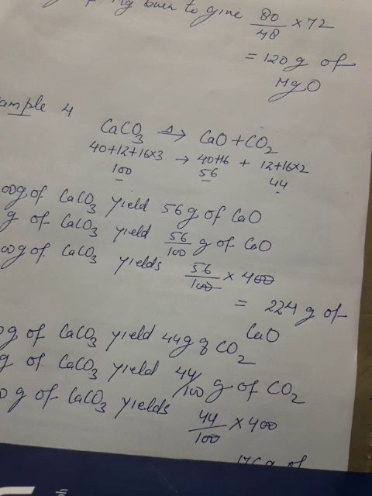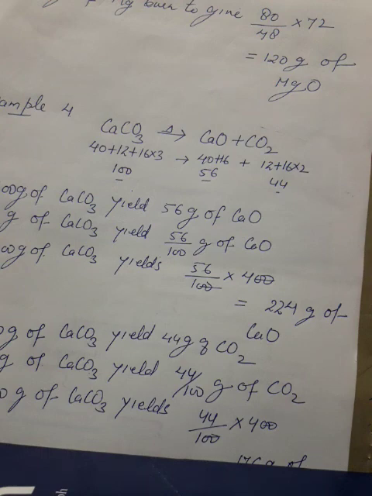Now, you have calculated the mass of each substance. Now, we will apply the unitary method. First, what do we have to find out? The amount of calcium oxide which is produced. From the equation, it is clear that when 100 gram of calcium carbonate is heated, it will decompose to give what amount of calcium oxide? 56 gram of calcium oxide.